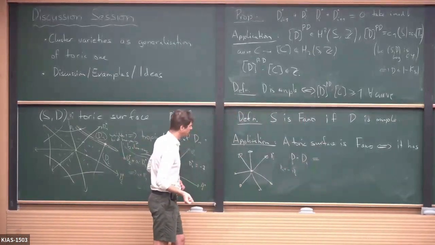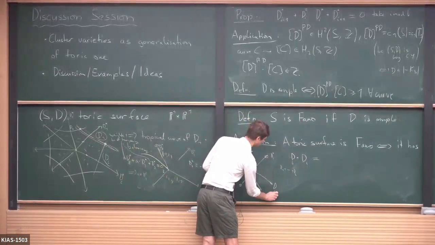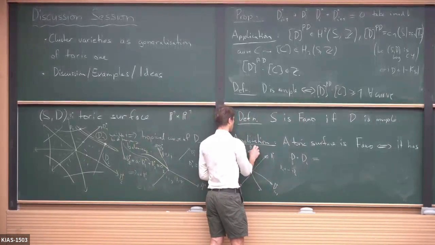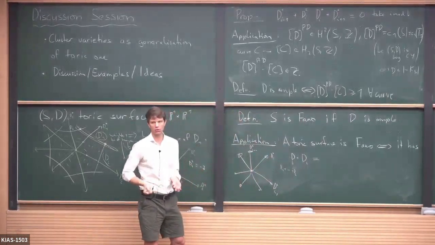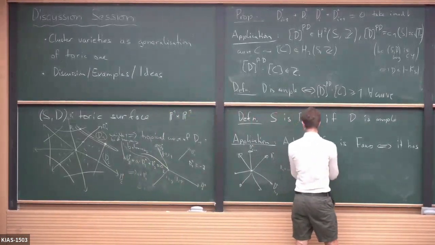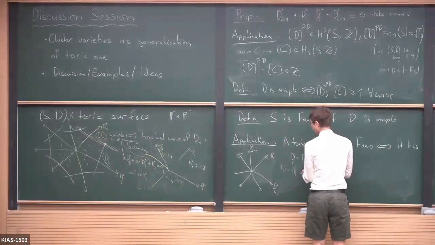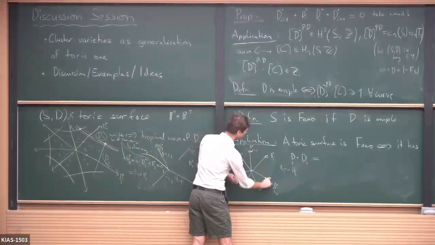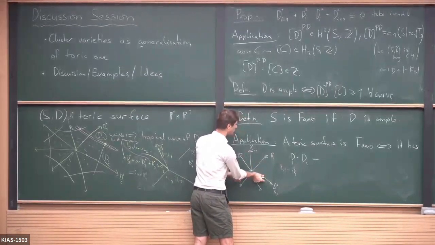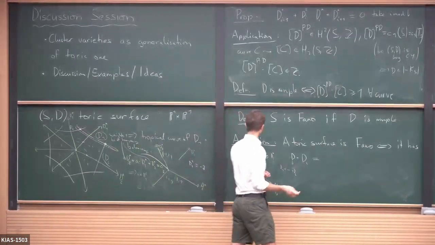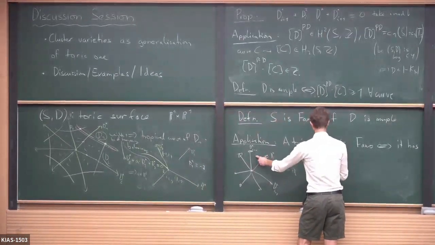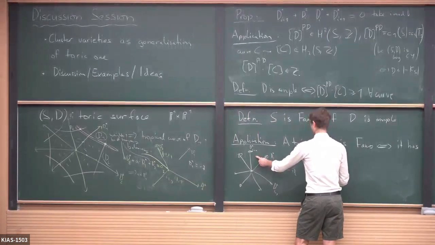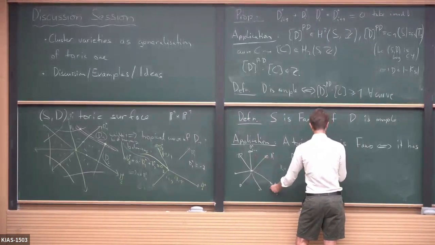From the computation we did before, we have Di minus 1, Di, Di plus 1, where again we take the indices mod L. Di won't meet the other ones, it'll just meet these two, and it'll meet each of them in 1 point. So this is going to be 1.